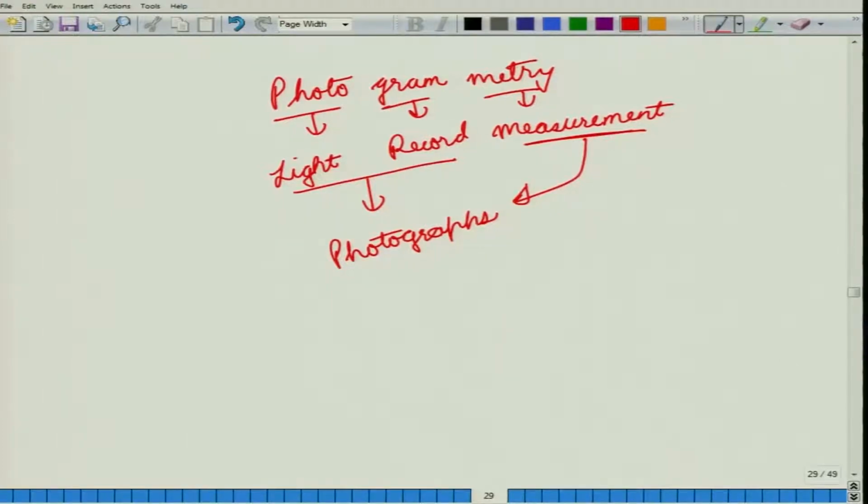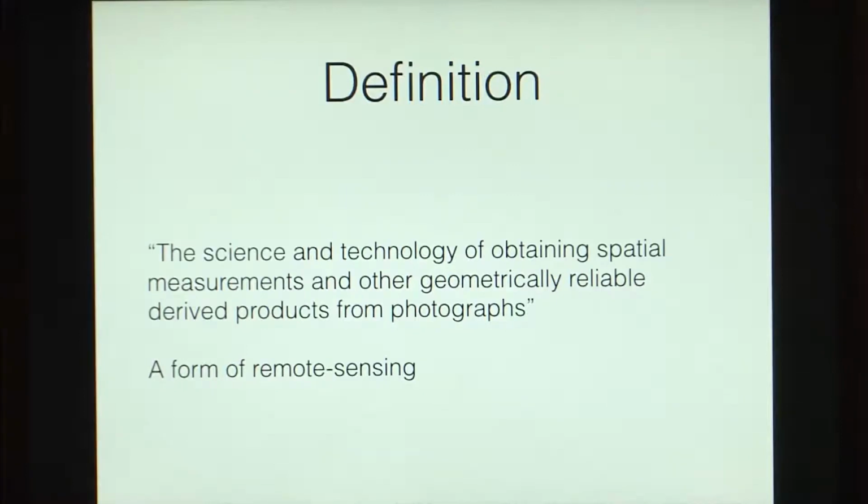So, if we move to the slide again, this is the definition of photogrammetry. It is the science and technology of obtaining spatial measurements and other geometrically reliable derived products from photographs. So, it is the science and technology. Science comes from the Latin word scientia, which means to know. So, science means knowledge.